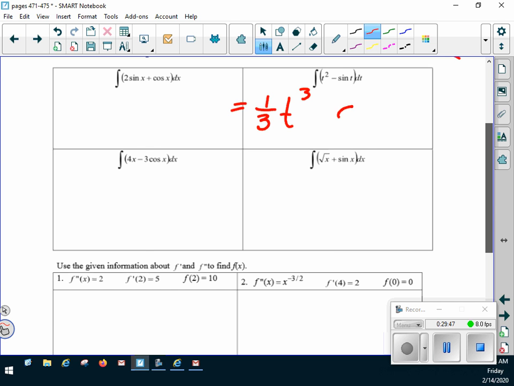Okay, so it's cosine. Is it plus or minus right here? You sure it's plus? Because what's the derivative of cosine t? Plus c.